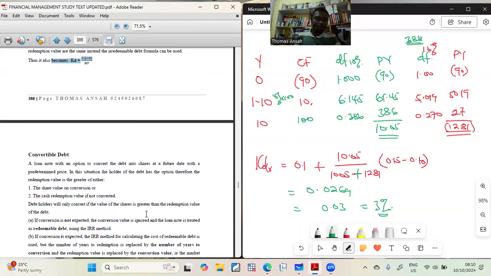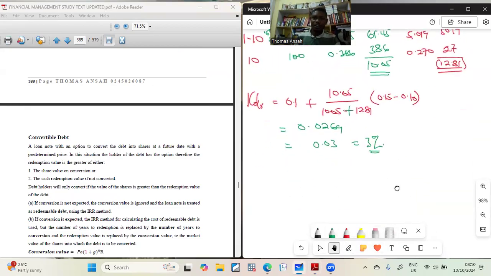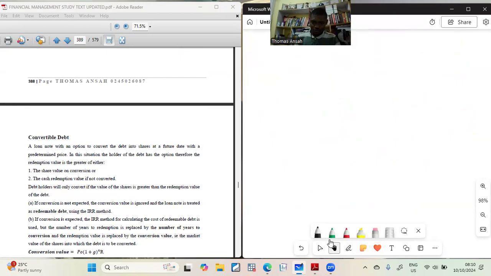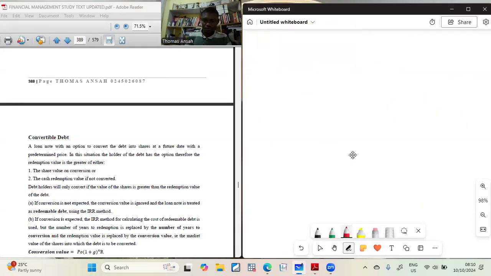All right, redeemable. Now we go to the next form of debt, convertibles. So you are looking at the cost of debt, convertibles. So 3, you are looking at convertibles.